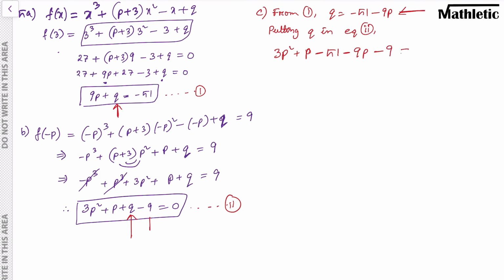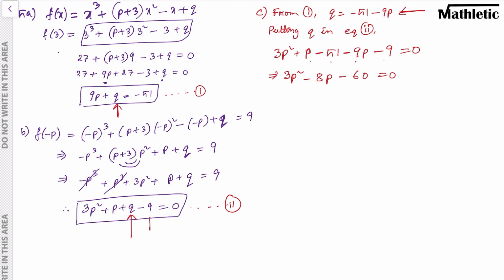Then p minus 9p, that's minus 8p, and minus 51 minus 9 is actually minus 60.